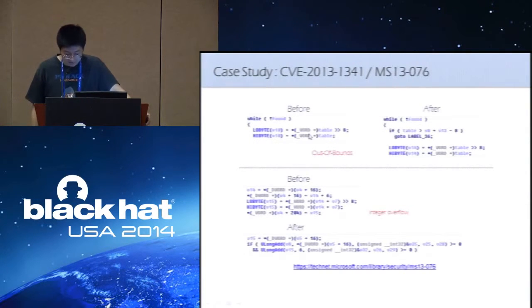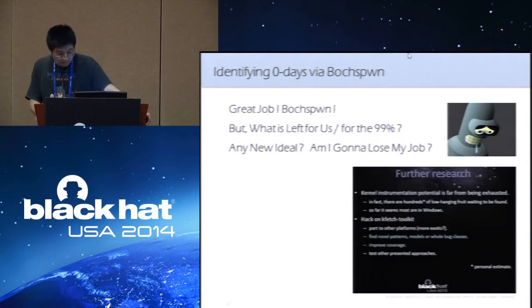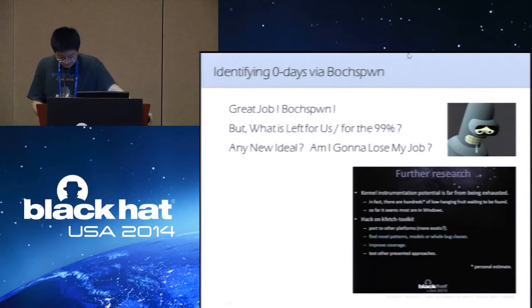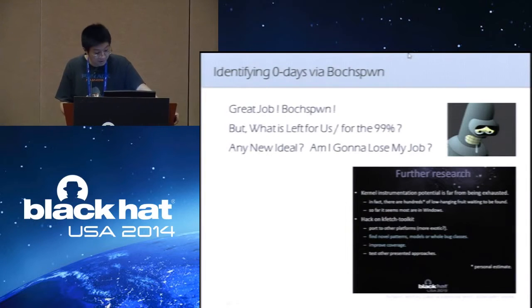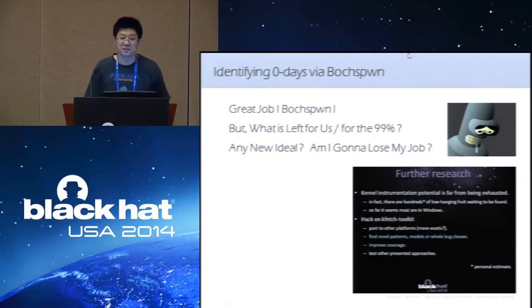But after the excitement, we need to ask ourselves, what has been left behind by Bochspwn? What is left for us? What is left for 99%? I'm going to lose my job, or I need a new idea.